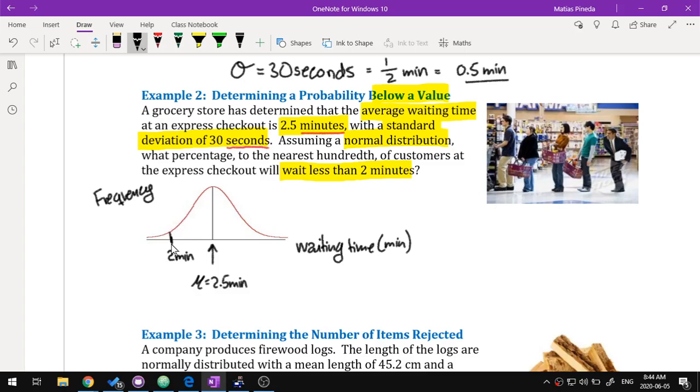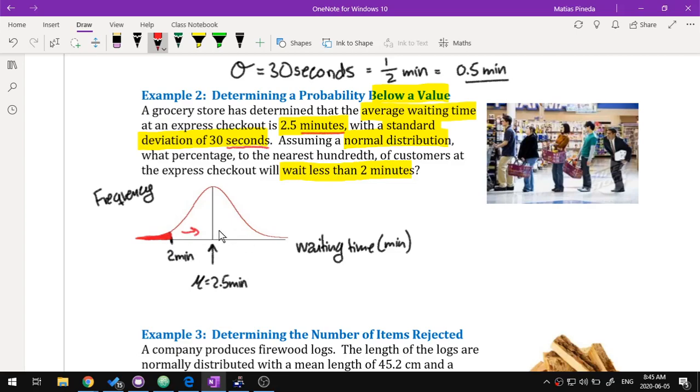Well, if this is 2 minutes, then less than 2 minutes will be the part of the normal curve that is to the left of 2 minutes. This tail here, that now I'm coloring with red, would be any time that is less than 2 minutes. To the right, you'll be waiting more than 2 minutes.